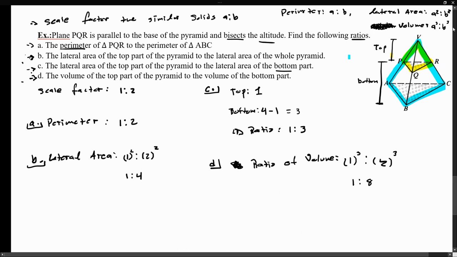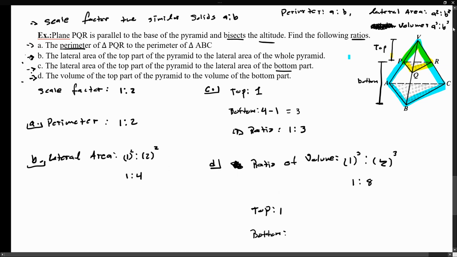So now that we have those values, let's find the ratio of the volume of the top part. For the top, again, it's going to be the upper pyramid, which we know has a unit of 1. Now for the bottom, we're going to apply the same idea.